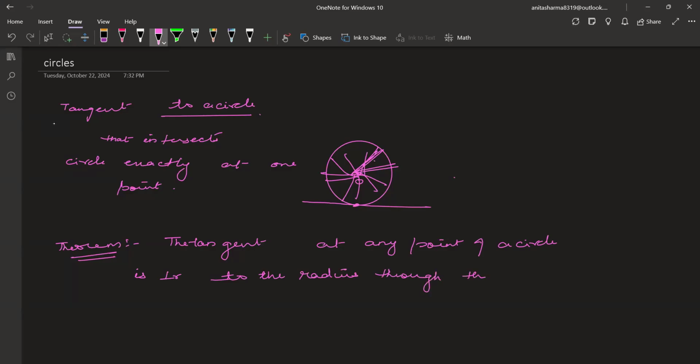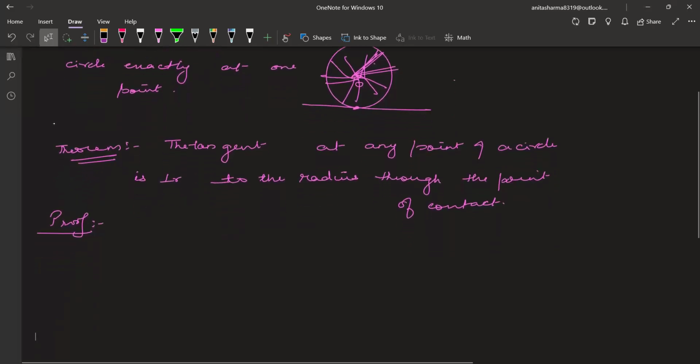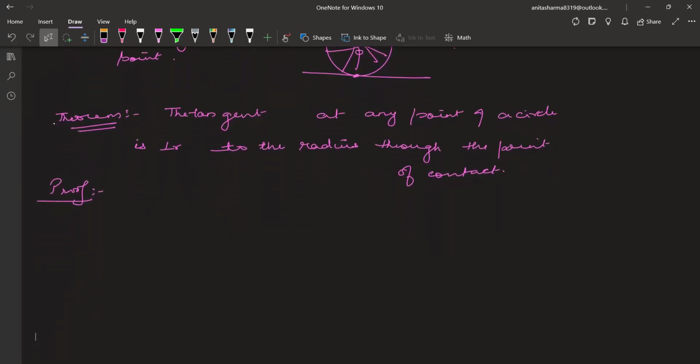Through the point of contact. So how will we prove this? This theorem has come many times in exams. So first of all, we will write what is given, right, beta?